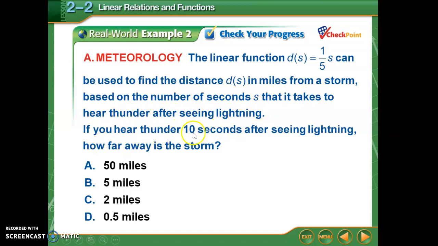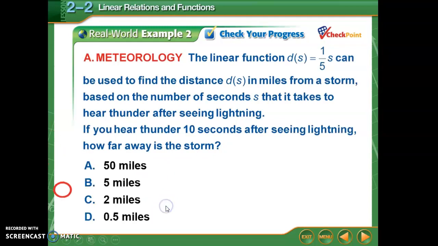If you hear thunder 10 seconds after seeing the lightning, how far away is the storm? You just plug in 10 times 1/5, so 10 divided by 5. The answer is 2 miles away.